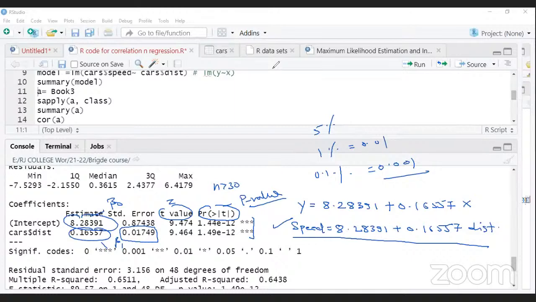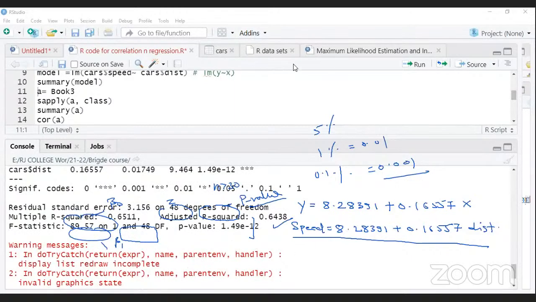Now, there is something very important they have mentioned here.